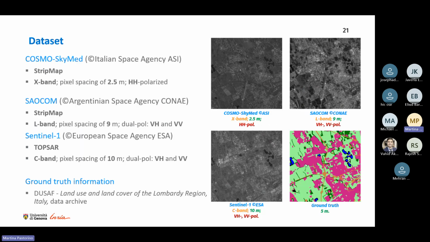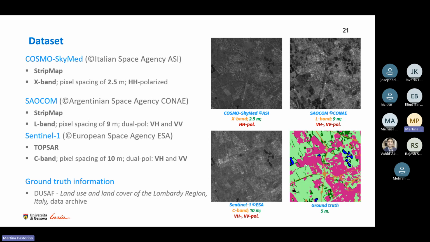And we did apply this methodology to this multimission SAR dataset composed of Cosmo-SkyMed images, SAOCOM, and Sentinel-1. They come from different space agencies. Cosmo-SkyMed is from the Italian Space Agency, SAOCOM comes from the Argentinian Space Agency, and Sentinel-1 is from the European Space Agency. They are different kinds of sensors, different kinds of bands.